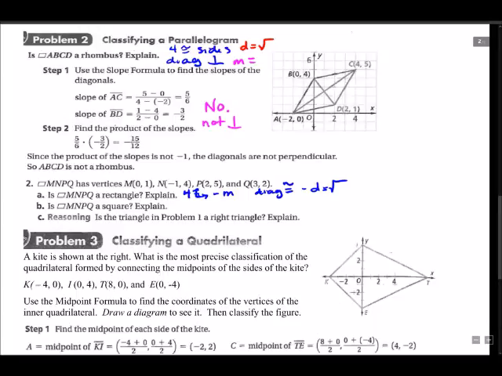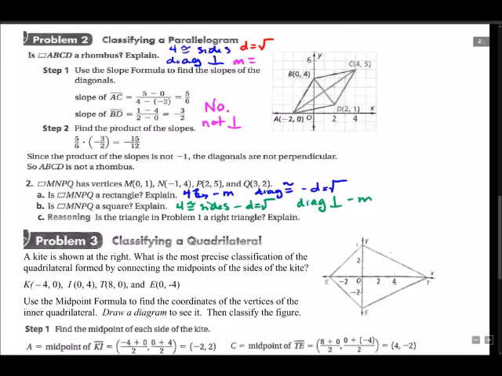And how would we find out if it's a square? Well, a square is all of these plus we need either 4 congruent sides and those other 2 things, which is the distance formula. And we also know that our diagonals are perpendicular.